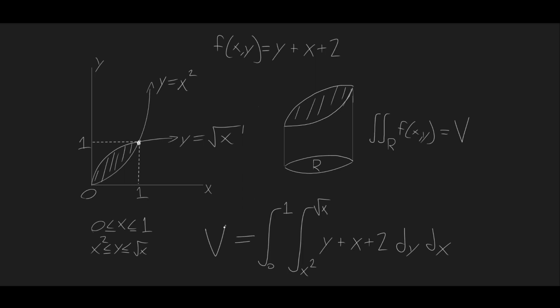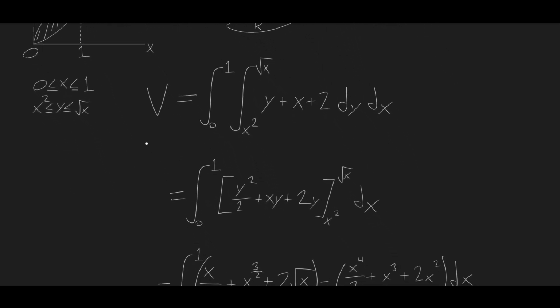So our volume, or the double integral, how we want to set it up, will be the integral from 0 to 1, the integral of x squared to square root of x of our function, f of x comma y, dy dx. So the y integral is from x squared to square root of x, and the x integral is from 0 to 1. So now let's go ahead and solve this integral.